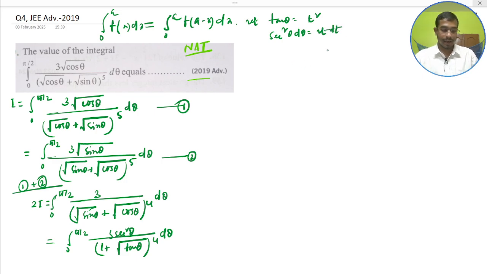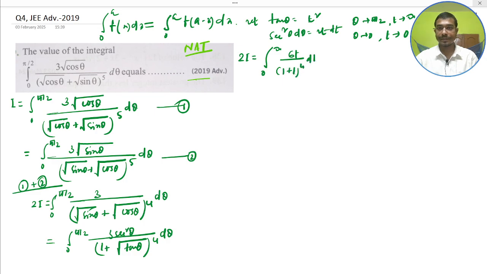When theta tends to pi by 2, t tends to infinity, and for theta tends to 0, t tends to 0. This is the limiting case. So 2I would be the integral from 0 to infinity of 6t divided by (1 plus t) to the power 4 dt.